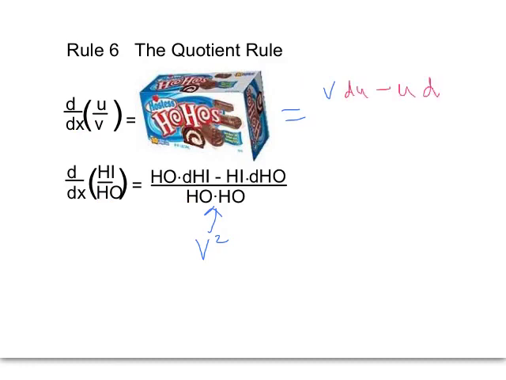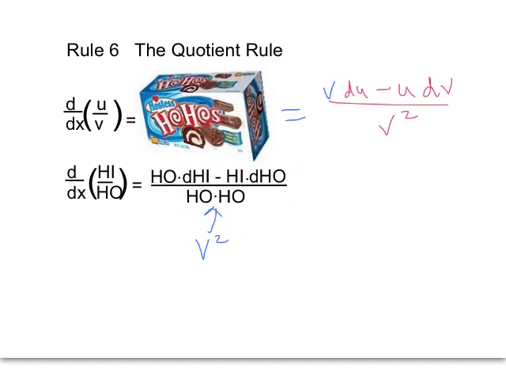See, it's kind of similar to that product rule, but there's a minus sign, and you combine them all just with the derivative of the other. So v du and u dv, but they get subtracted in the quotient rule, all over the denominator squared. So if you want to say it in Swedish, it would be v du minus u dv all over v squared. All right, but it's more fun to say ho d high minus high d ho over ho ho.